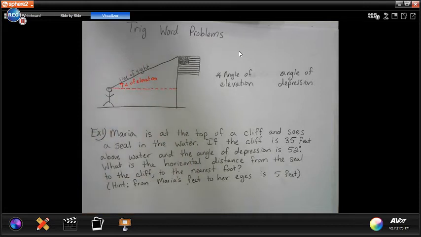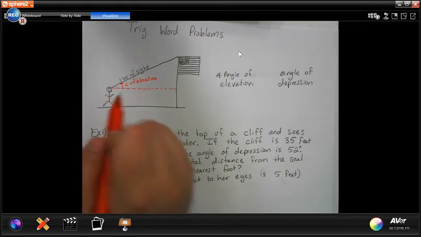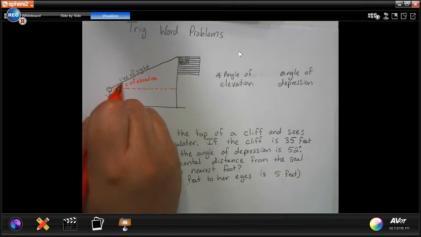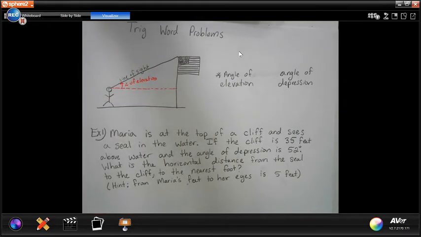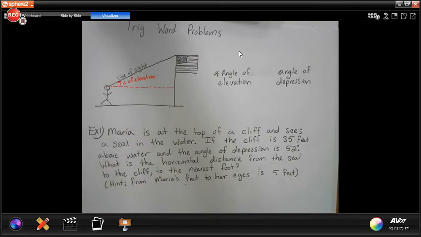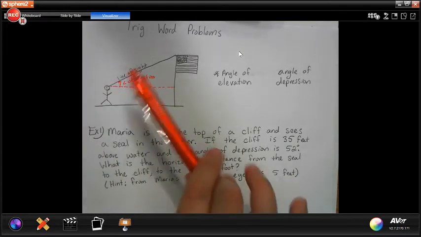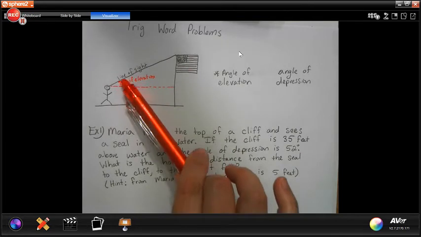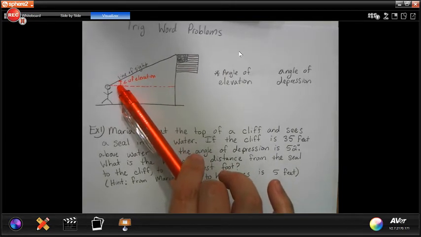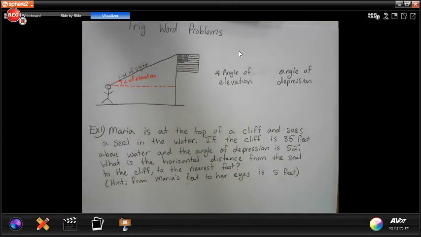If it's a zip line or whatever it is, from the bottom horizontal up to that line. Sometimes it's line of sight. I think on this problem it's a line of sight, but sometimes it could be a zip line. Sometimes it could be a wire. Whatever the diagonal line turns out to be, angle of elevation goes from the bottom horizontal to that diagonal line.